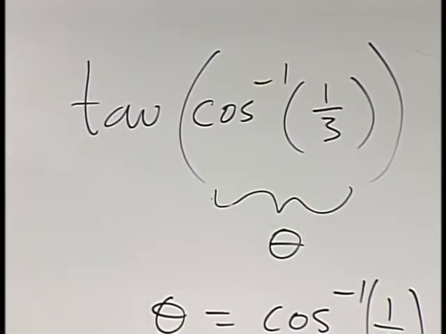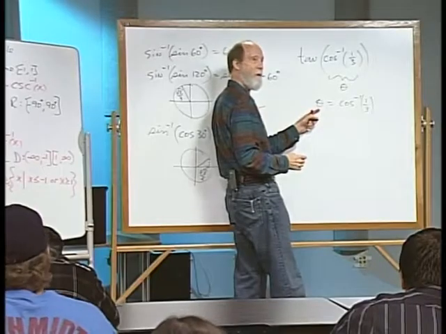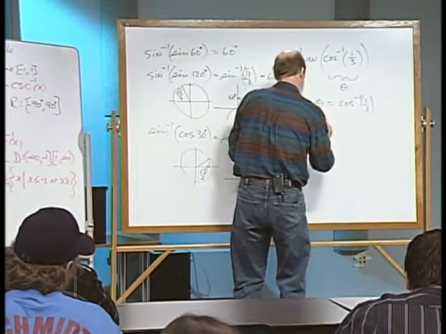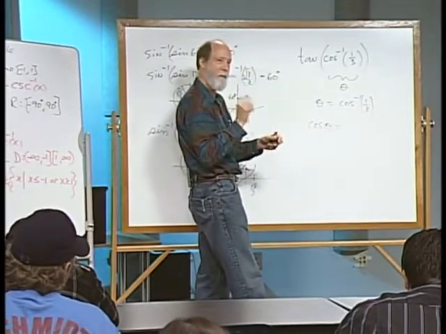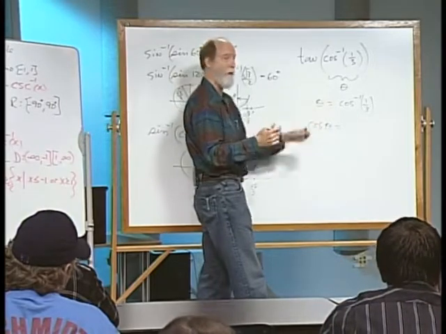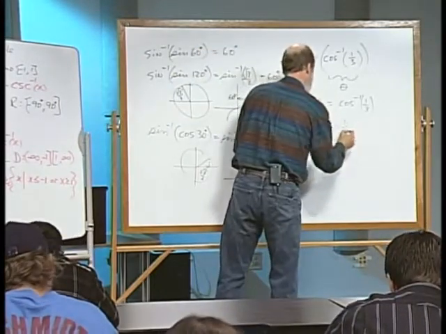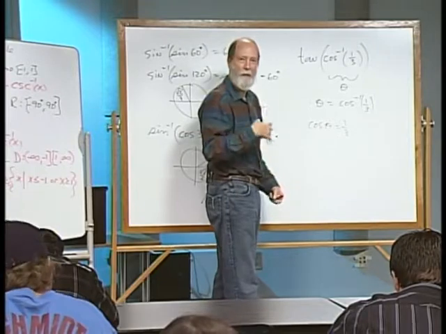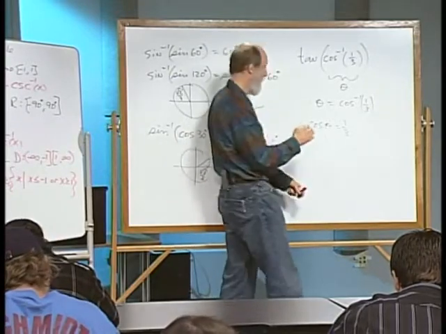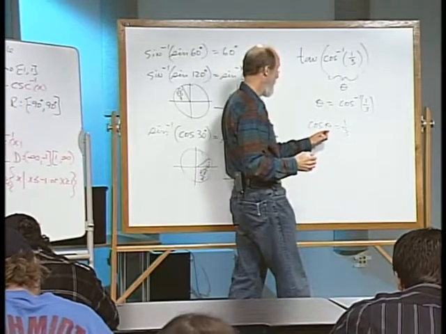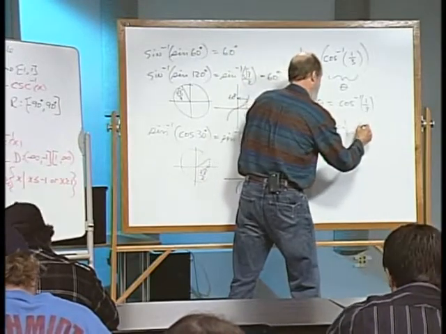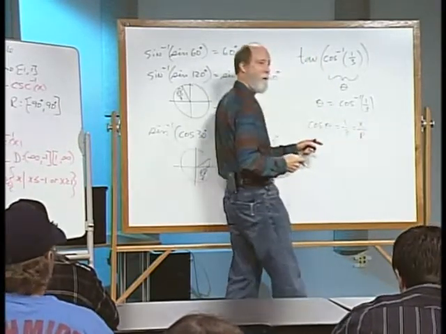Another way of writing this statement is cosine theta equals 1/3, isn't it? That's equal to 1/3. Now, back to the artistic side of trig. Draw a picture where this is your x and this is your r.